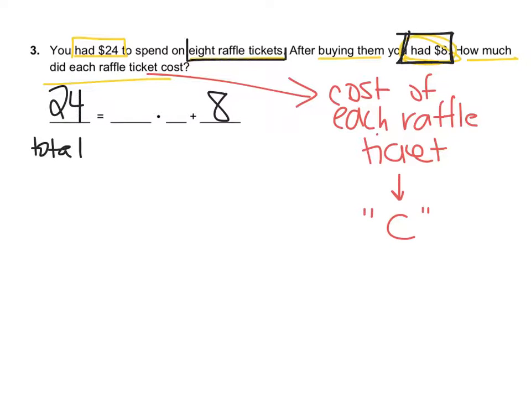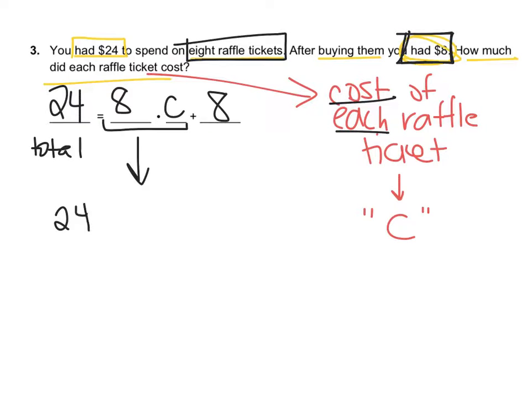We spent money on 8 raffle tickets, but we don't know the cost of each raffle ticket. Okay? So in order to figure out how much we spent on those 8 raffle tickets, we have to take those 8 raffle tickets and multiply it by the cost of each raffle ticket. So we would do 8 times C. Our final equation would look like 24 equals 8C plus 8.